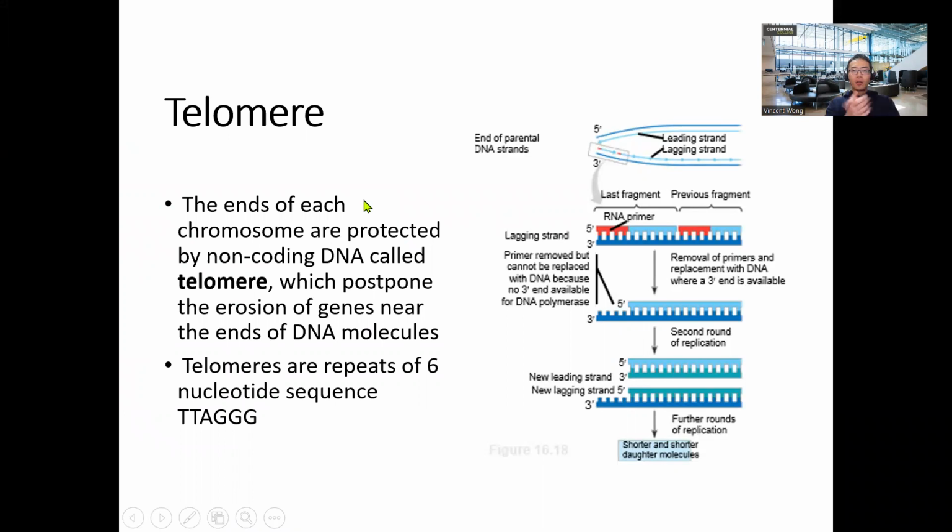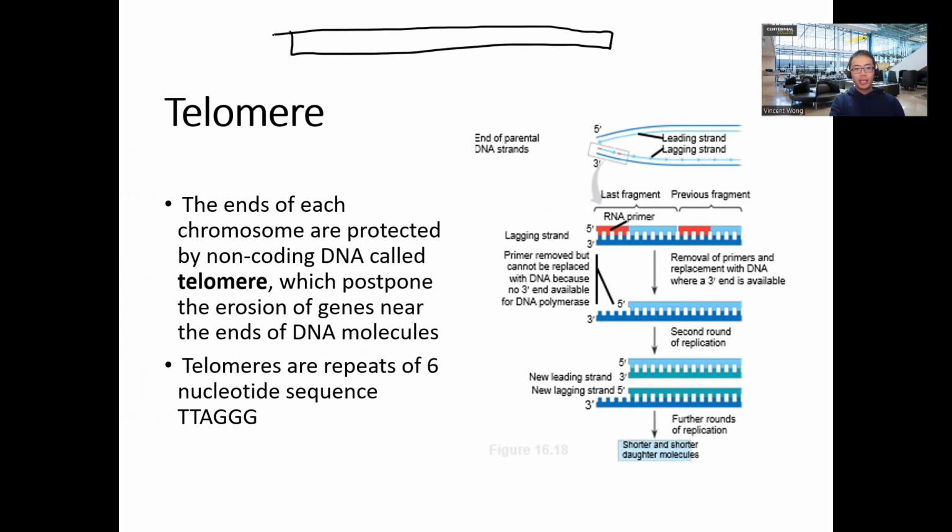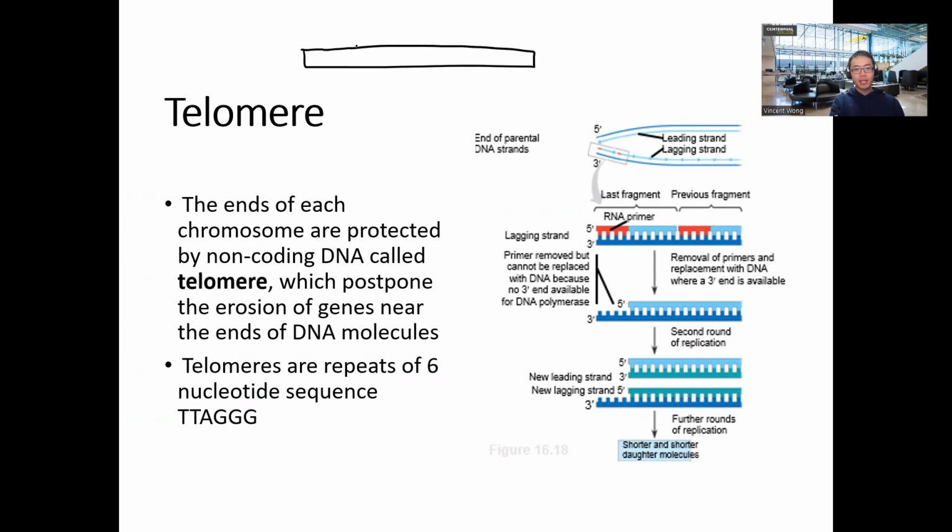So how do we solve that problem? We don't want to be losing DNA every time we divide. That could be a problem. For example, think about a whole DNA section here.